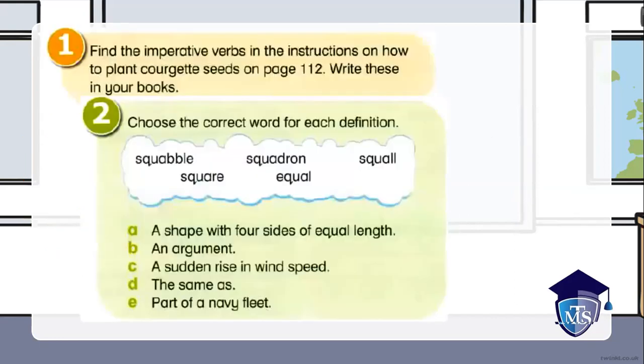Okay, the exercise in the book: find the imperatives. We find some of them. Now let's move to exercise 2. Choose the correct word for each definition. I'll give you a moment to think about it. Okay, let's discover. A shape with 4 sides of equal length is square.